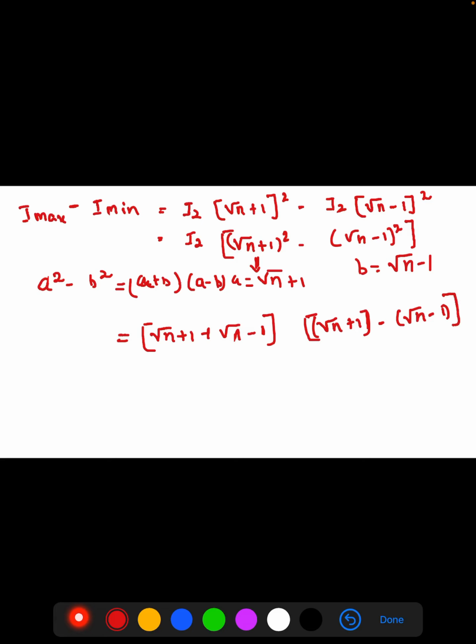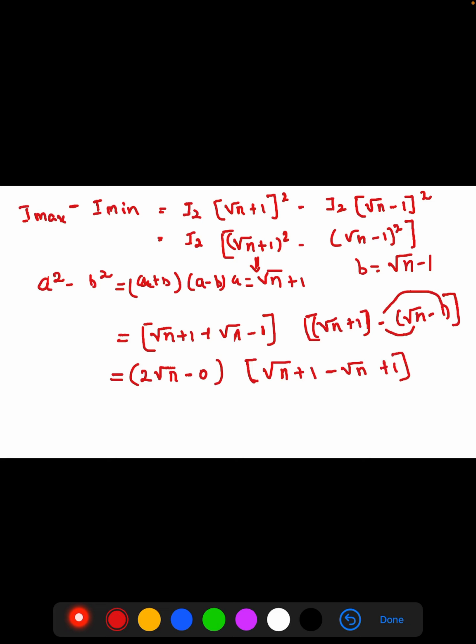So you can shorten it: root n plus root n is 2 root n, and plus 1 minus 1 is 0. In the multiplication, look carefully, this minus should be multiplied inside. So it comes like root n plus 1, and you will have minus root n, and the minus multiplied inside gives plus 1.